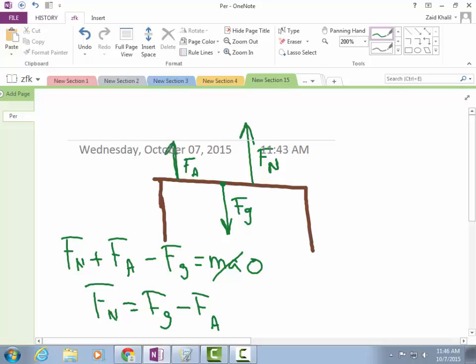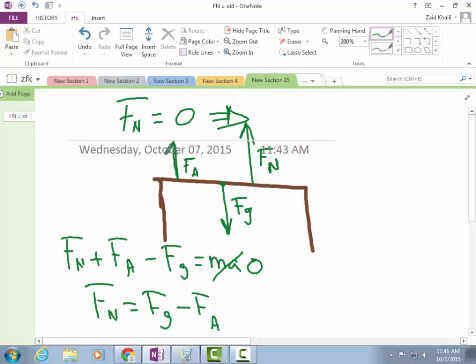What happens when that normal force is 0? What happens to the normal force when it goes to 0? When Fn is 0, that implies that the ground is doing what?